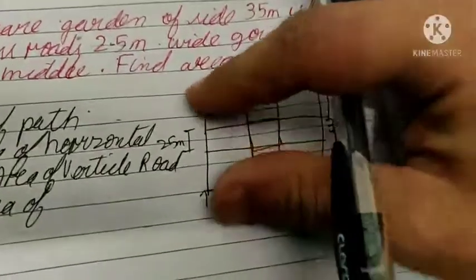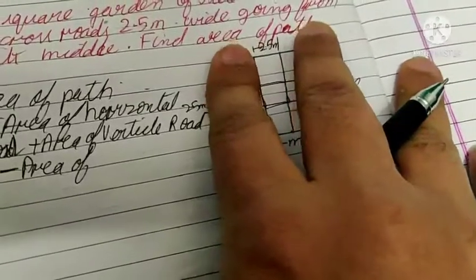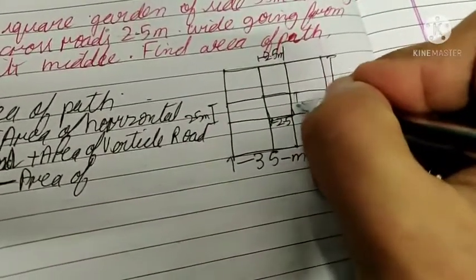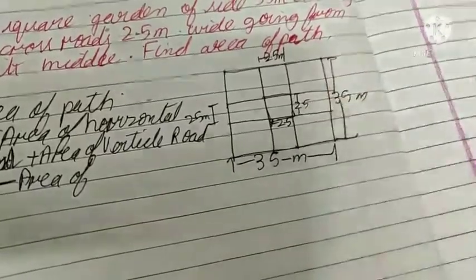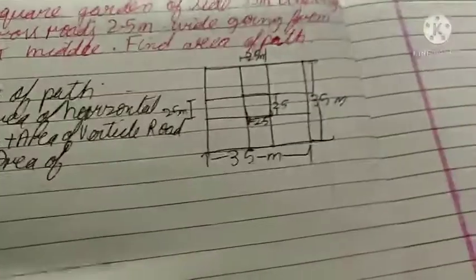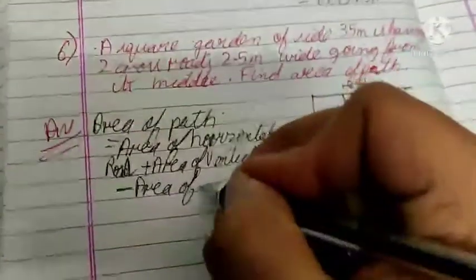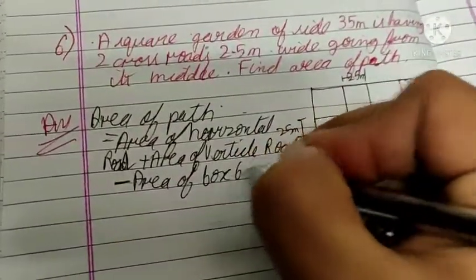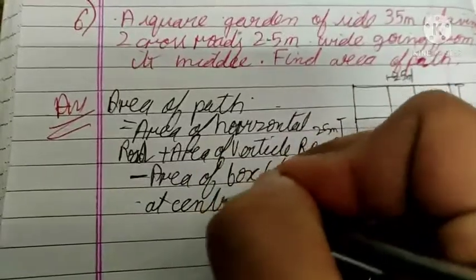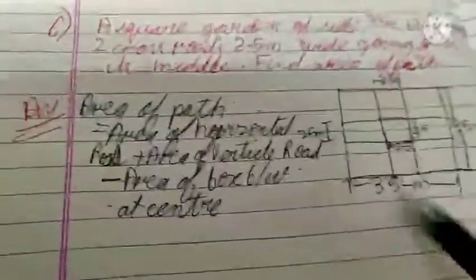In this also this box is coming, and in this also this small box is coming, which has a breadth of 2.5 and it is also 2.5. So if we subtract the area of this box that was coming 2 times, we will subtract it 1 time. Area of box between at center, at cross section of the two roads.